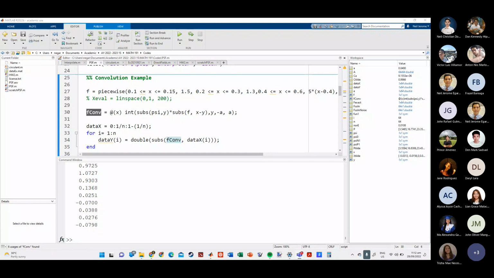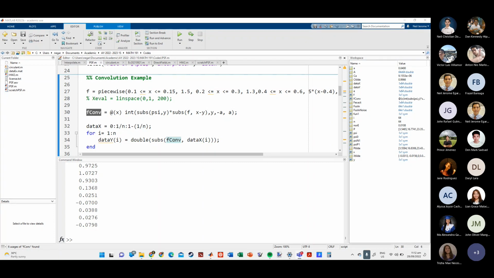So, ibig sabihin, dun sa integral command, yung first entry niya dapat may subs ng x minus y. Sa substitute ko kay f, si x minus y. Okay? Kaya meron akong comment na yan. Tapos, remember, we are integrating with respect to y.